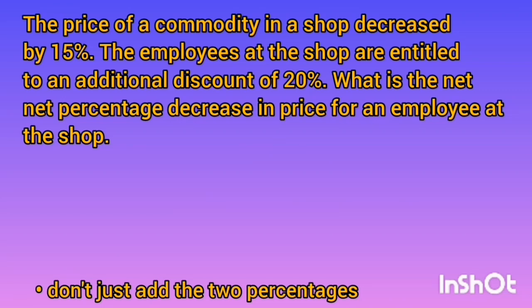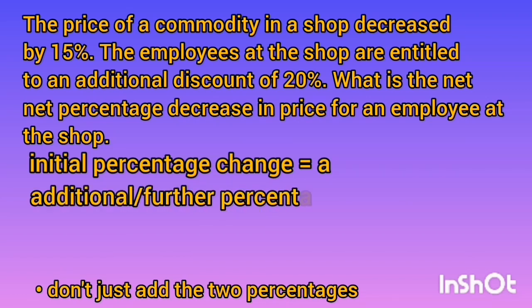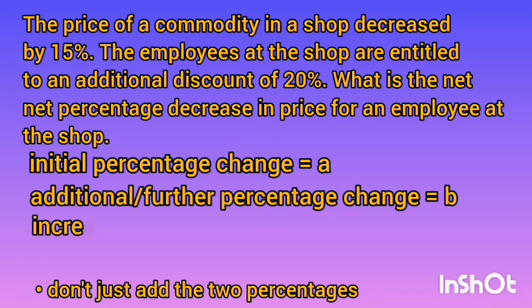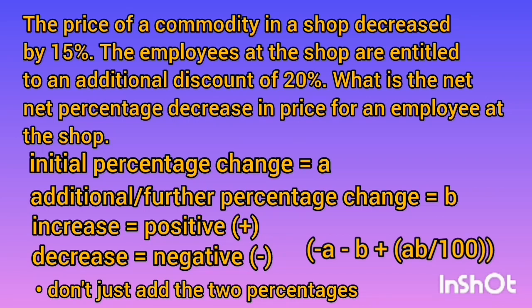So here, representing our initial percentage change by A and our additional percentage change by B, and knowing that an increase is a positive and a decrease is a negative. Now, using the formula negative A minus B plus AB over 100.